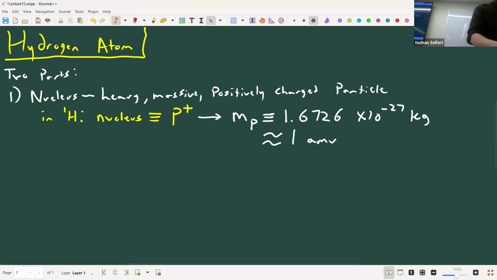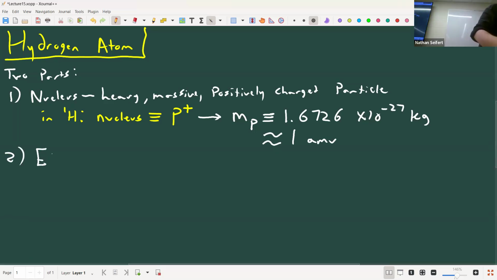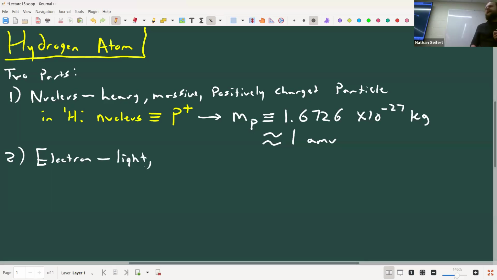And then, of course, there is, depending on who you ask, the more important part of the hydrogen atom, which is its electron. It's light, and it has no shape. It's a point-like particle.